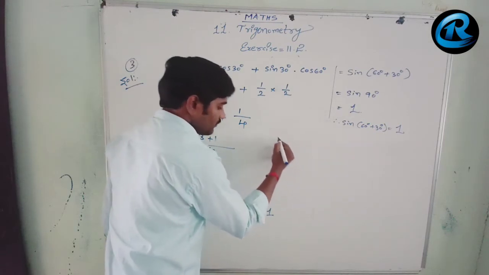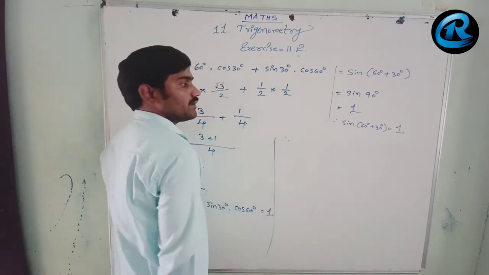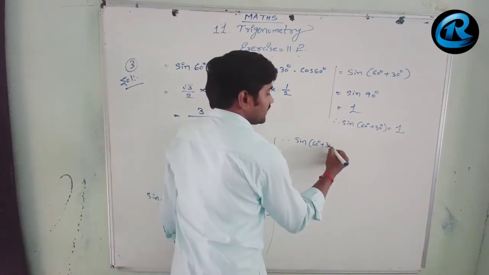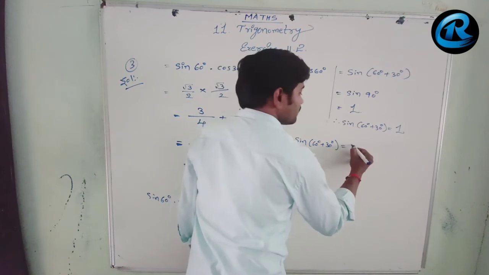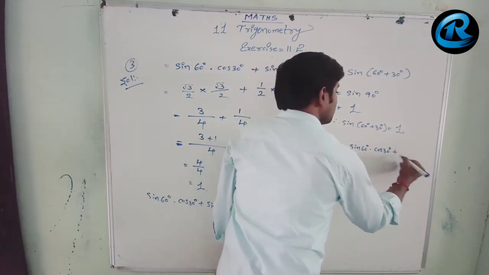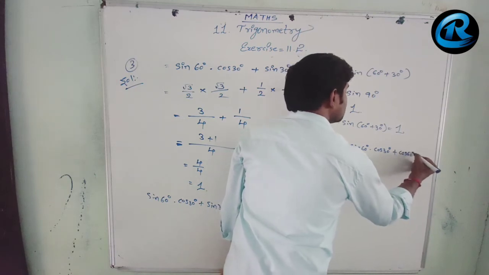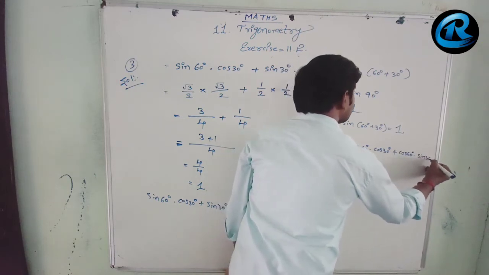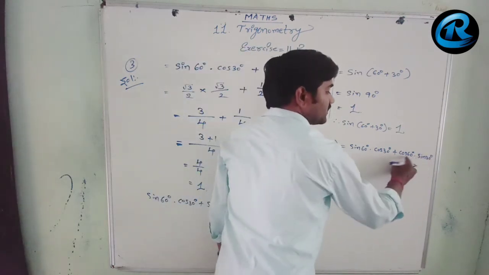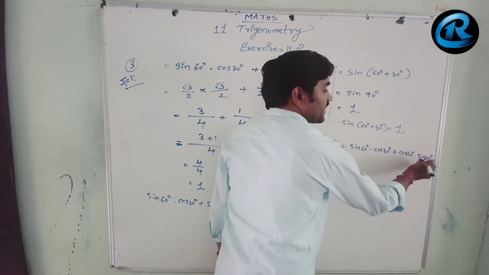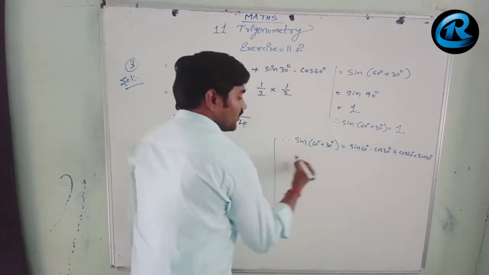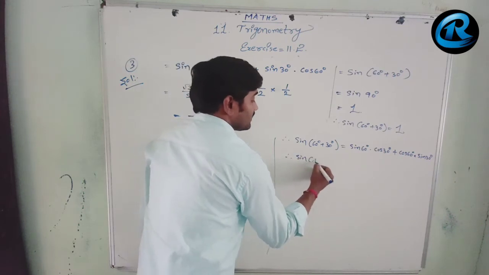We can write that sin(60 degrees plus 30 degrees) equals sin 60 into cos 30 plus cos 60 into sin 30. You can interchange the order, because in multiplication it is the same. Now it is in the form of the sin(A+B) formula.